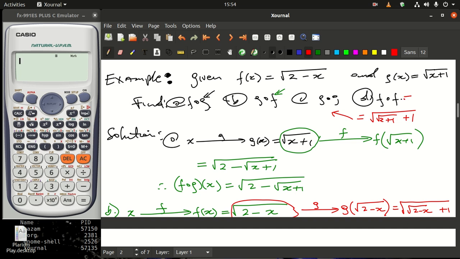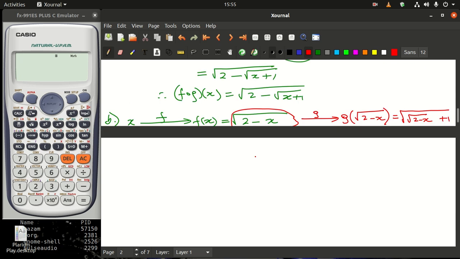And when it comes to this one here, I'm going to take this as it is and plug it in the value of x in f of x. So this is going to be the square root of 2 minus, but in the value of x I'm plugging f of x, which is 2 minus x. So this is how you end up going with this.